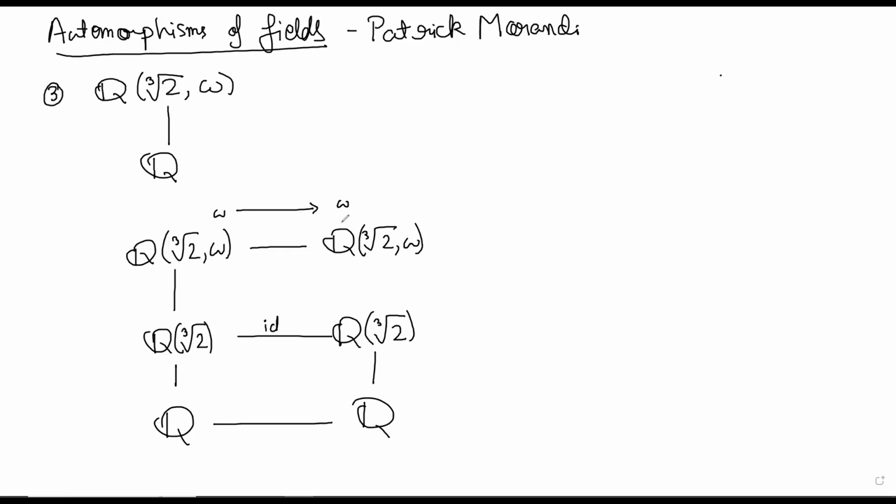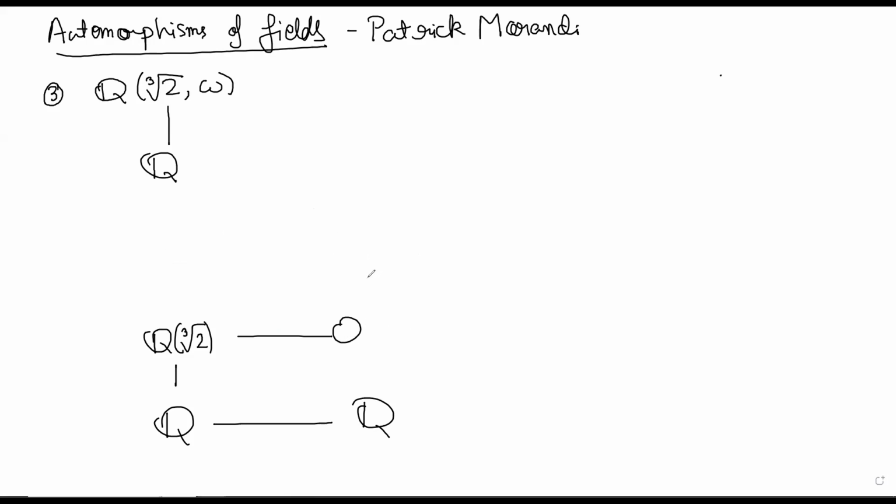Okay, I'm sorry, I think I made a slight mistake. I just erased this thing. I'm doing something wrong, right? They have given us the function and they are telling us to check that it is an automorphism of the field.